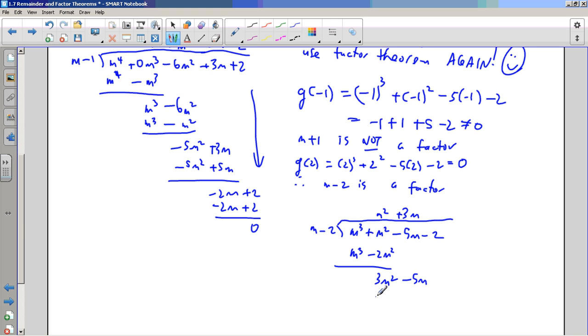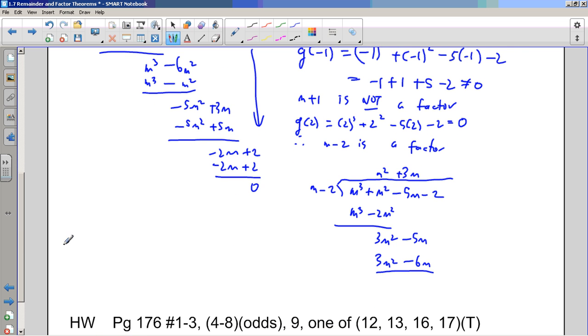Okay. And I know this has got to work out, so when I subtract, I get m -2, that's +1. M -2, 0.